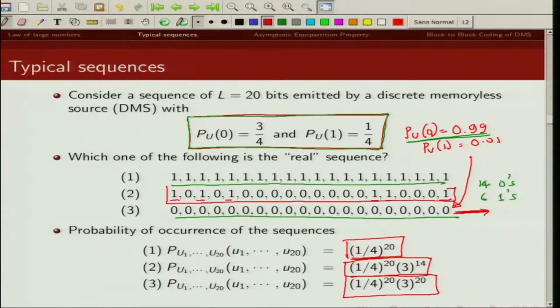So this is a more likely sequence to come out of this particular discrete memoryless source. So I will say this is a typical sequence expected out of this source. Now we will formally define a typical sequence, and then show some properties of typical sequences.